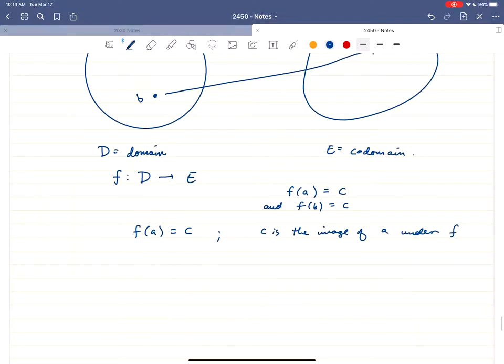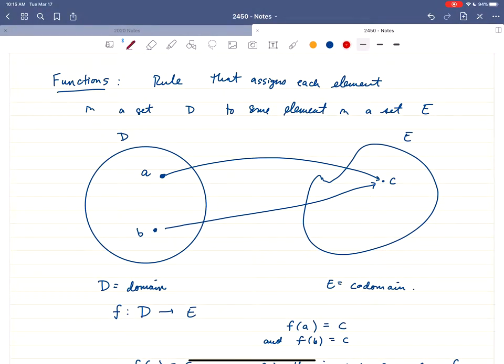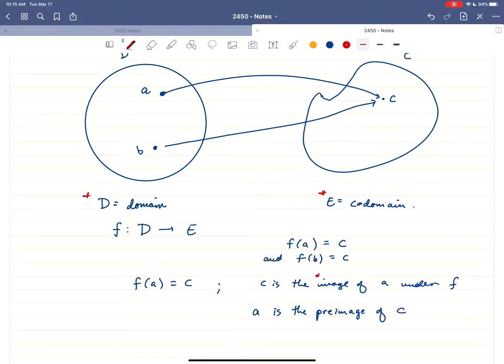Equivalently, we say that a is what's called the pre-image of c, again under our function f. So those are the big ideas for now: functions, domain, codomain, image, pre-image. That's the basic setup.